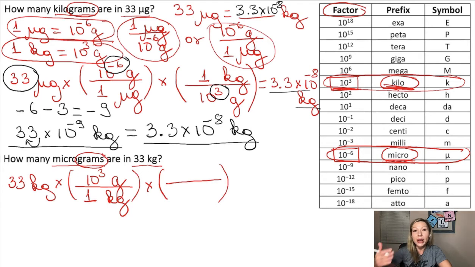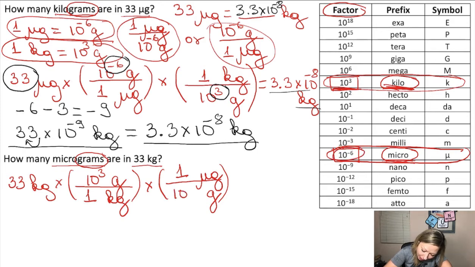Where will my grams go in the next fraction? On the bottom, right? And the micrograms will go on top. So 1 microgram is how many grams? Well, I just look at my table again, 10 to the minus 6 grams. Okay, so kilograms canceled, grams canceled.